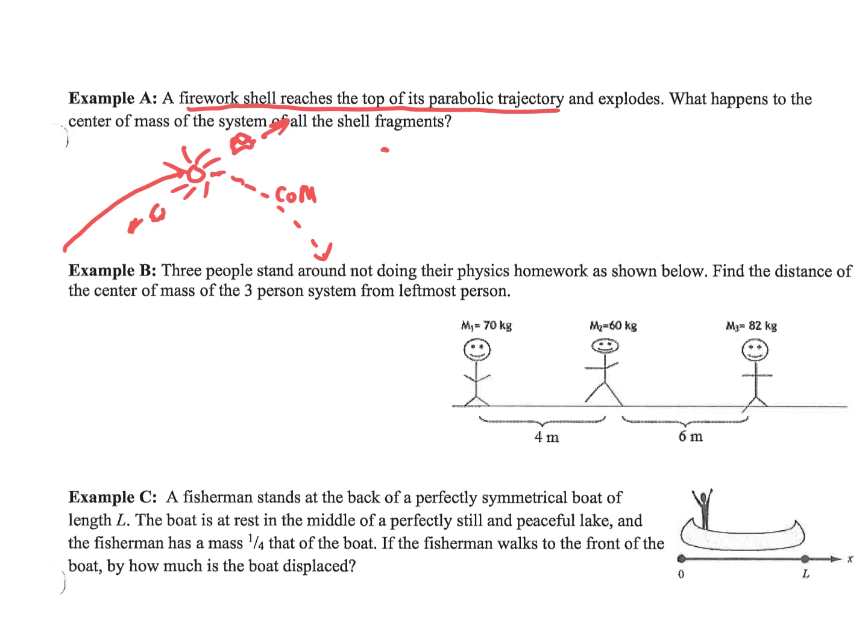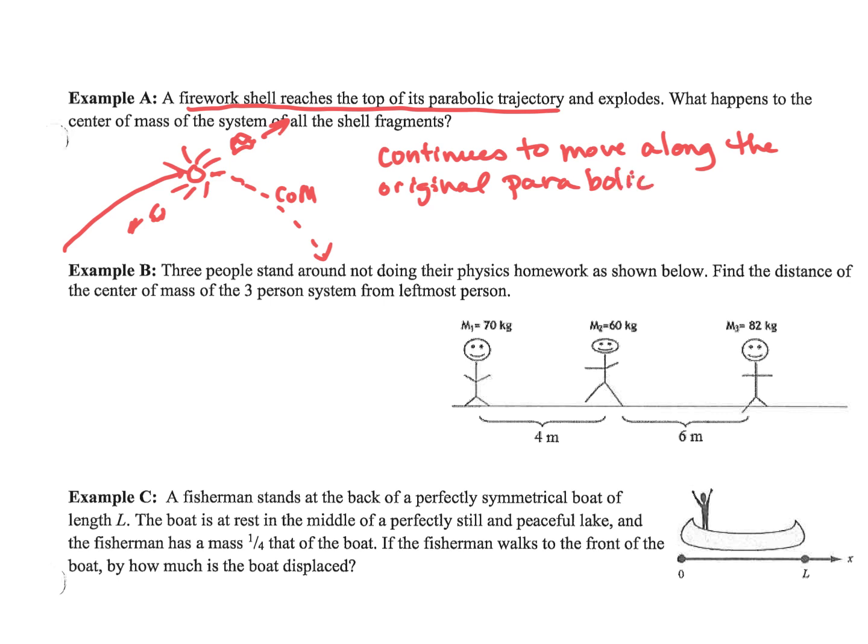So it will continue to move along the original parabolic trajectory. Okay? As long as there aren't any external forces. Now, if there are external forces, that's a whole different matter. But as long as there aren't any external forces, then it will continue as it was.